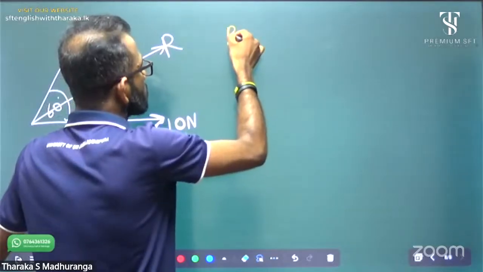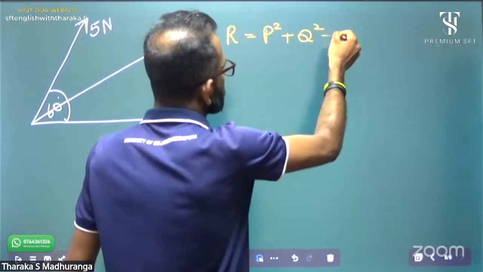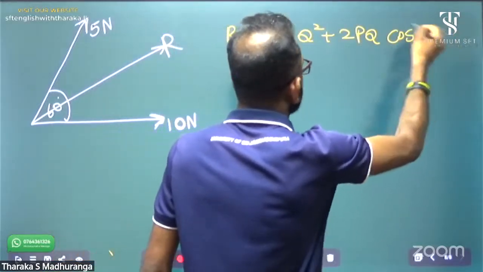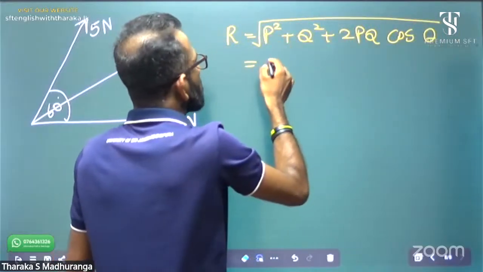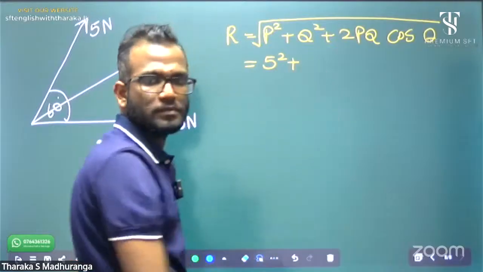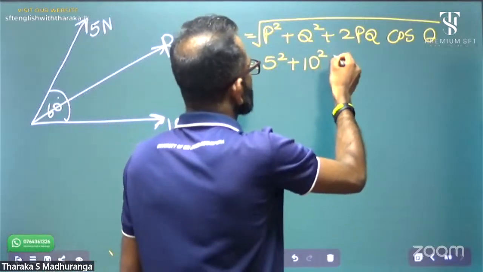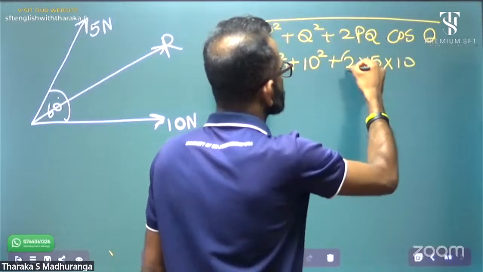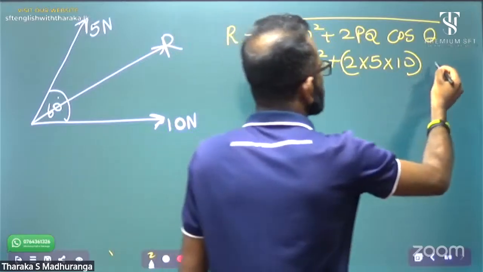R equals square root of P squared plus Q squared plus 2PQ cos theta. 5 squared plus 10 squared plus 2 into 5 into 10 cos 60. Cos 60 means half, no?